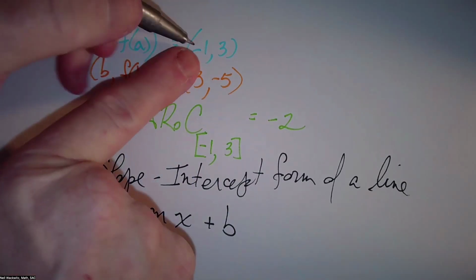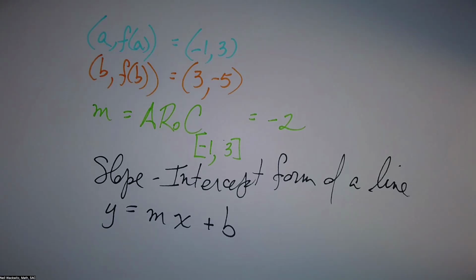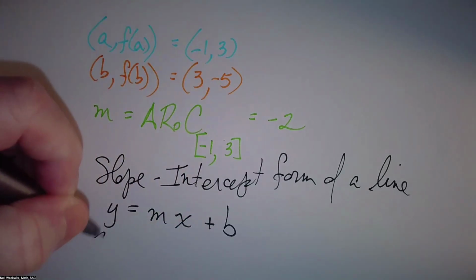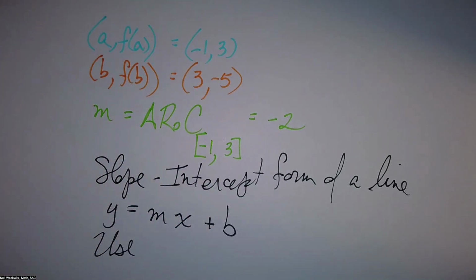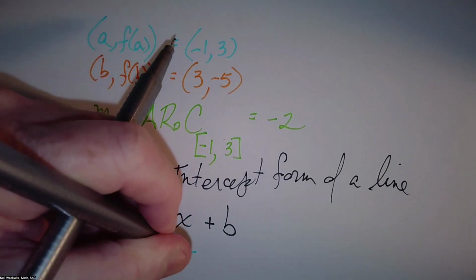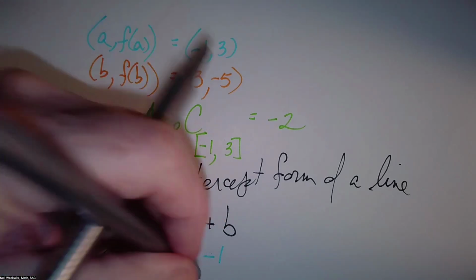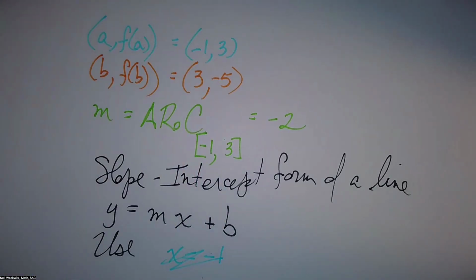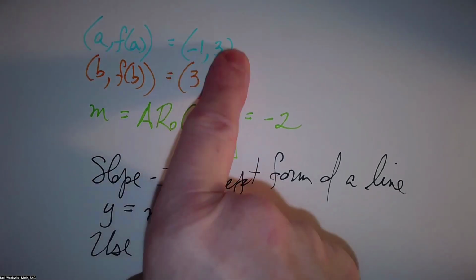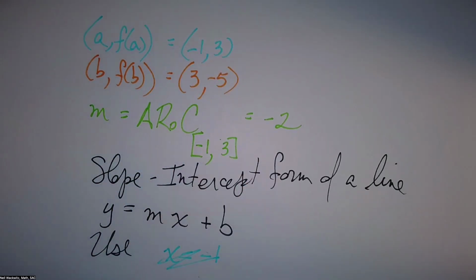Here we have an x value, a y value, and a slope. So we're going to use x equal negative 1. Oh, actually, that's not very much fun. Let's use the values of b this time, only because I don't want this pattern, negative 1 to 3, to look like this interval.